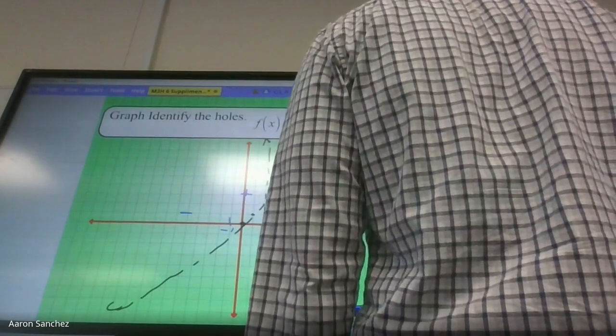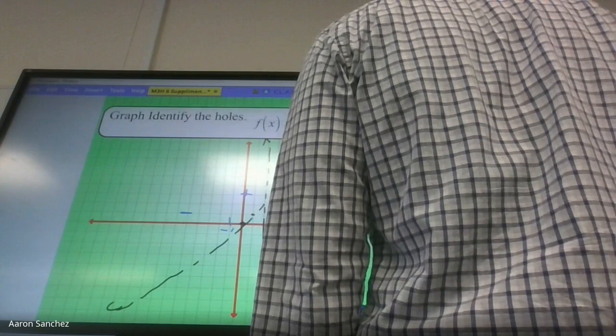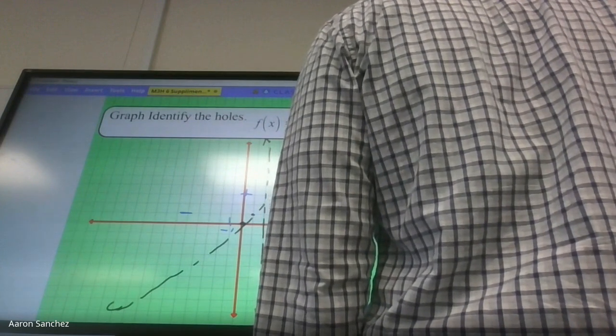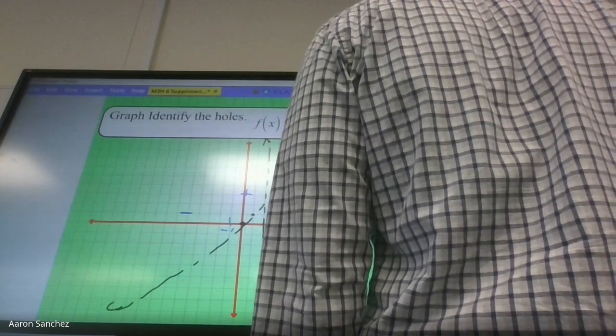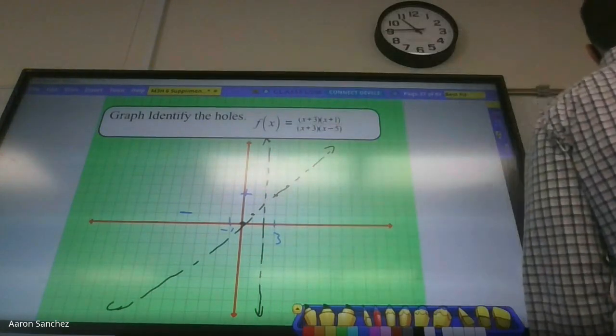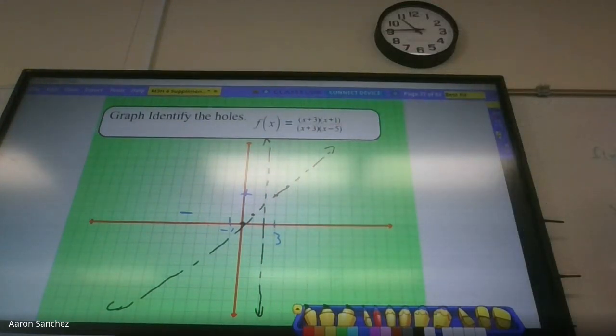Is that right? That'll be positive. Everything will be positive, like 2.5? Wait, is that right? No, this is negative. This is positive.